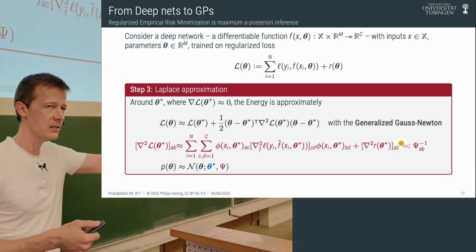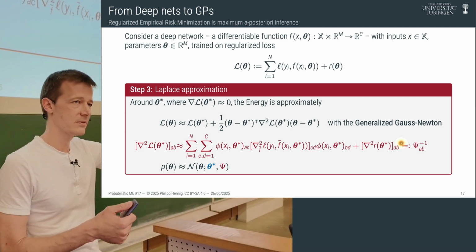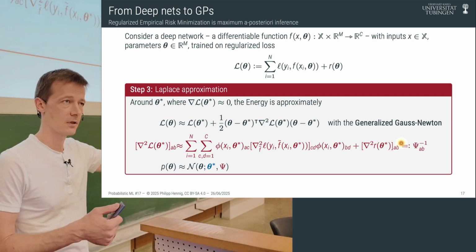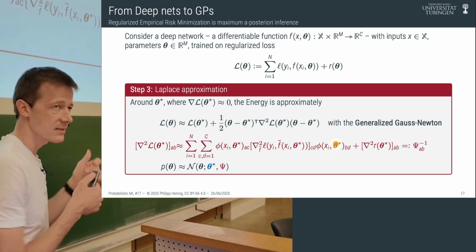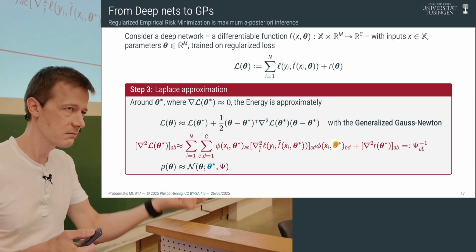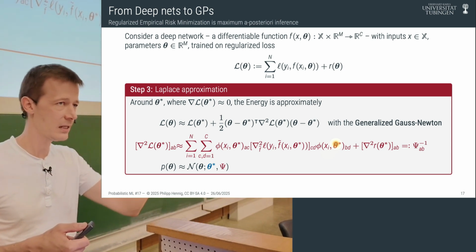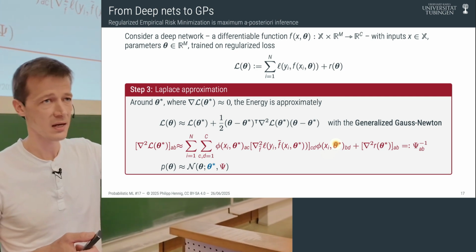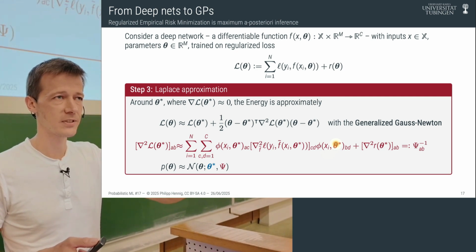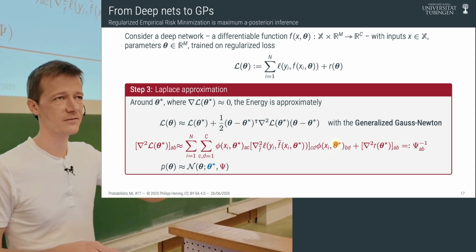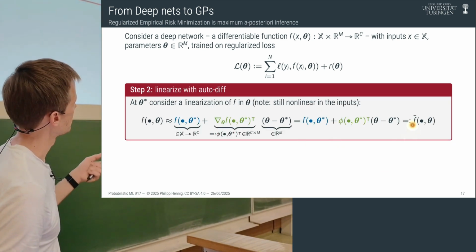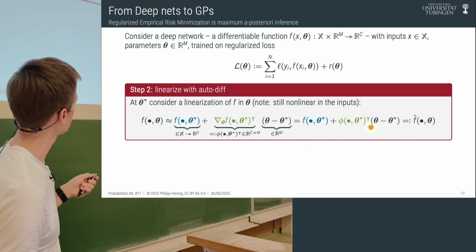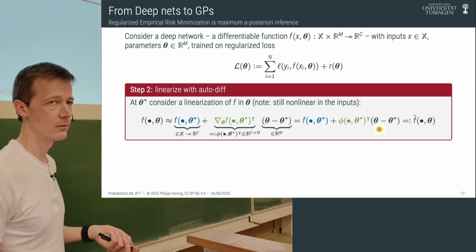So we first get d squared l times df, and that gives us the features, phi on the outside and the inside, plus a term that is a second derivative in f, right? So it's dl df times d squared f d theta squared. That's what the chain rule says. And that second derivative is 0 because under this linearization, there is no second order term, right? The second derivative of this expression with respect to theta is 0.